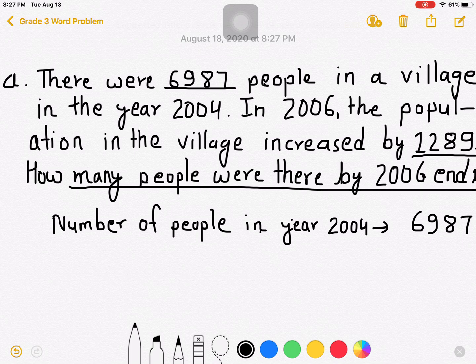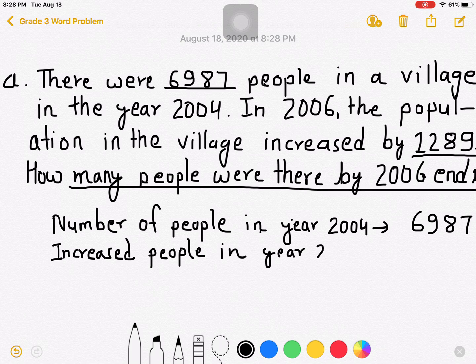So let us write down this given: increased people in year 2006.